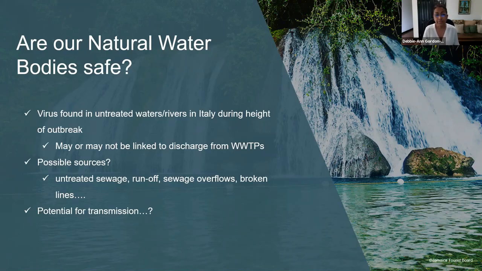So there is a potential for transmission, but at present, the WHO does not think that there is a great potential for transmission, because most of the time there are only fragments of the virus, and therefore virus that is not viable. Still, we're learning more about it, so we really need to do more testing in water bodies to evaluate whether or not this is a strong potential for transmission, and therefore to develop appropriate risk management strategies.